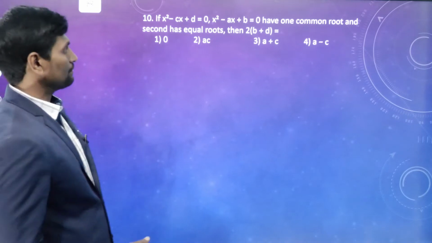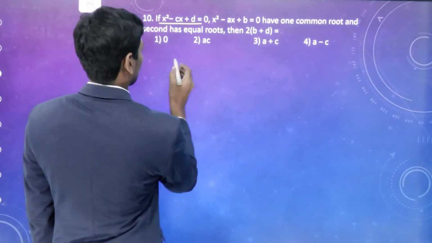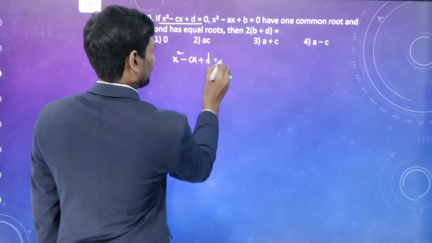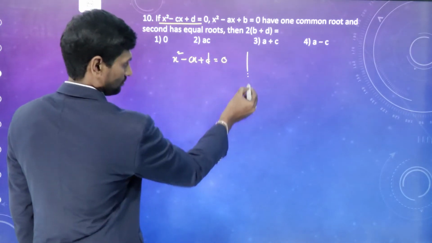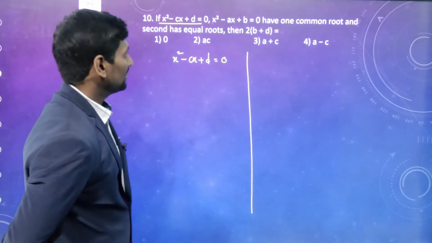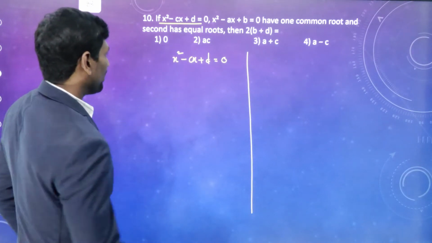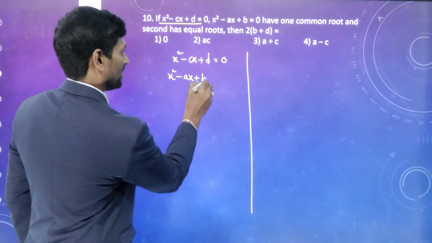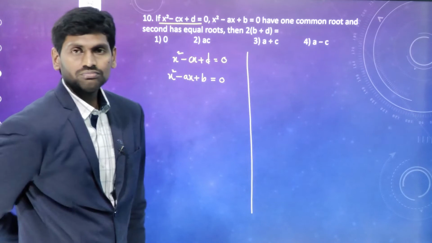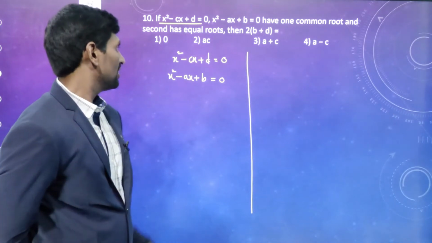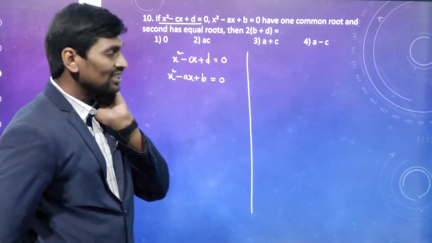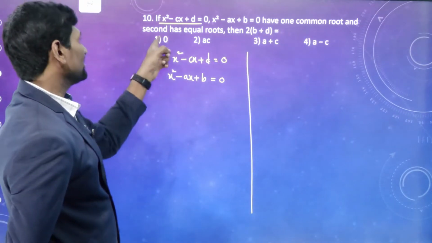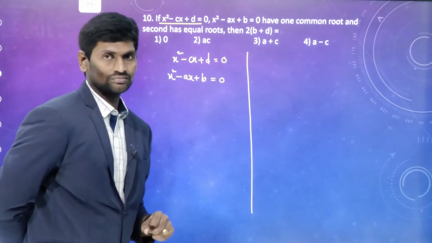X square minus cx plus d equals to 0. And the second, x square minus ax plus b equals to 0. Clear until then? Two quadratic equations have one common root and the second has equal roots.